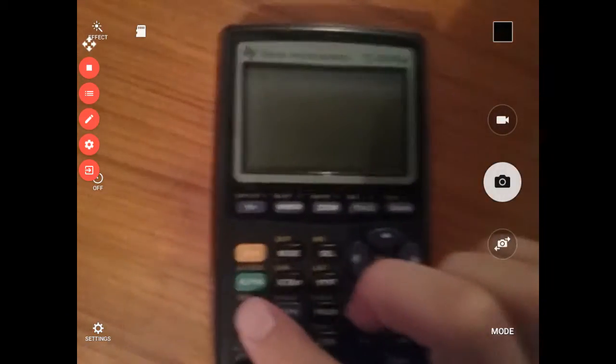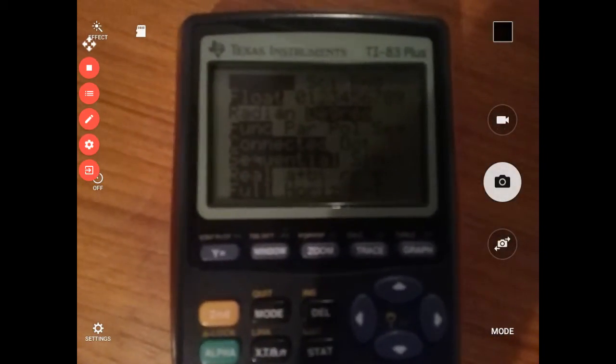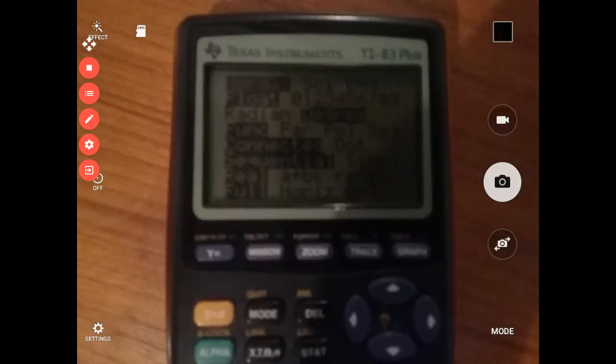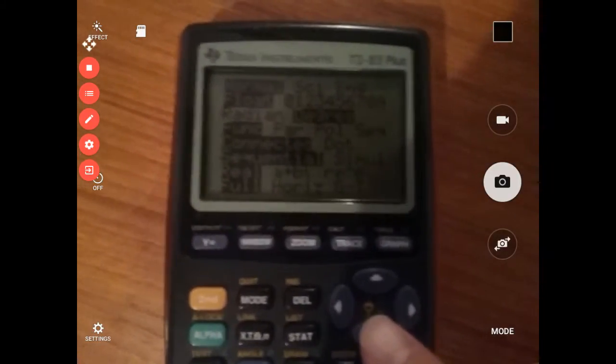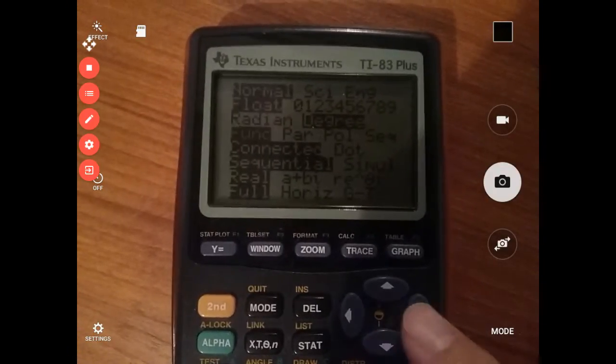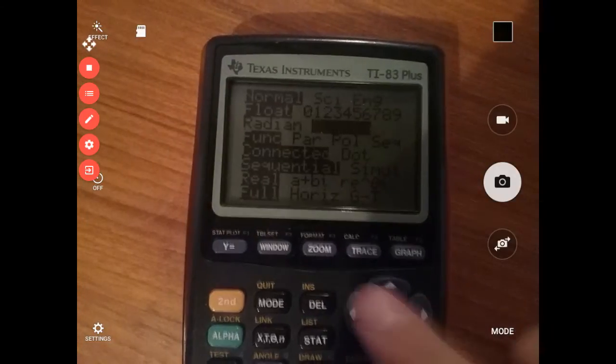On a TI-83 or 84, I need you guys to hit the mode button, and then the third one down says radian or degree. We have to make sure that we are in degree mode. To switch modes, go down to the level that you want and then scroll sideways.